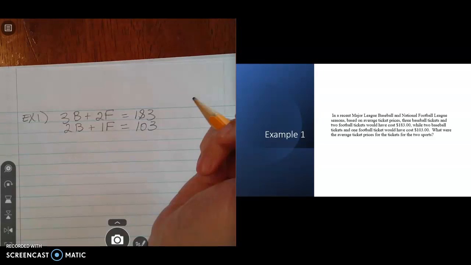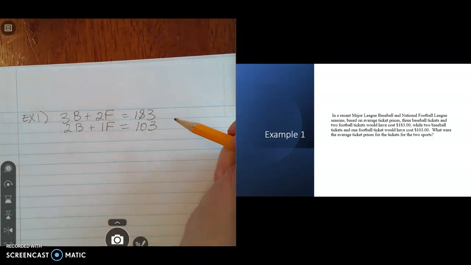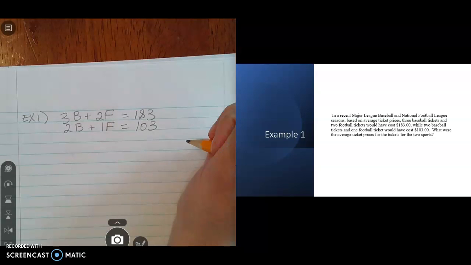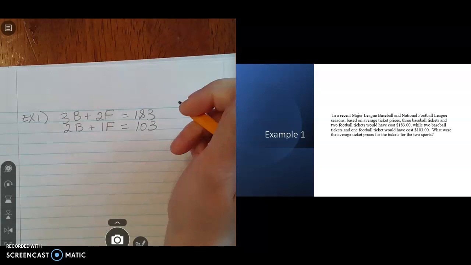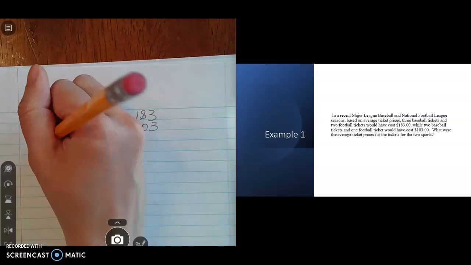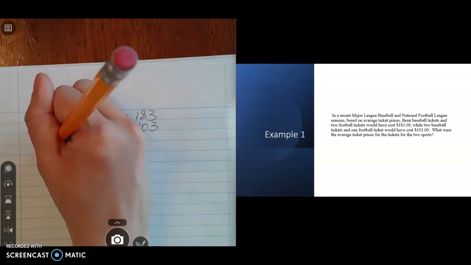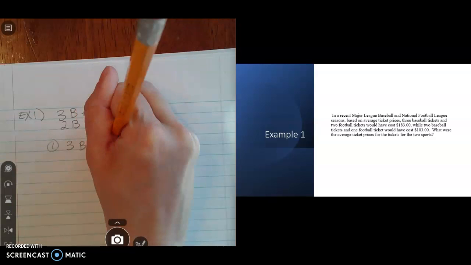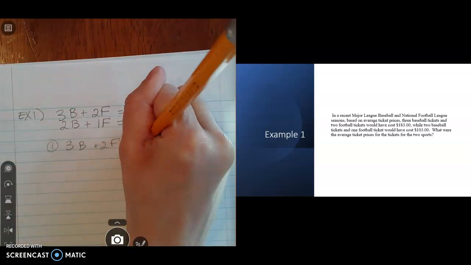Alrighty, let's go ahead and solve them then. Since they're in standard form, I like using elimination, but it is up to you. You may like substitution better, and that is fine as well. If you're using elimination, I'm going to keep my first equation the same, 3b plus 2f equals 183.